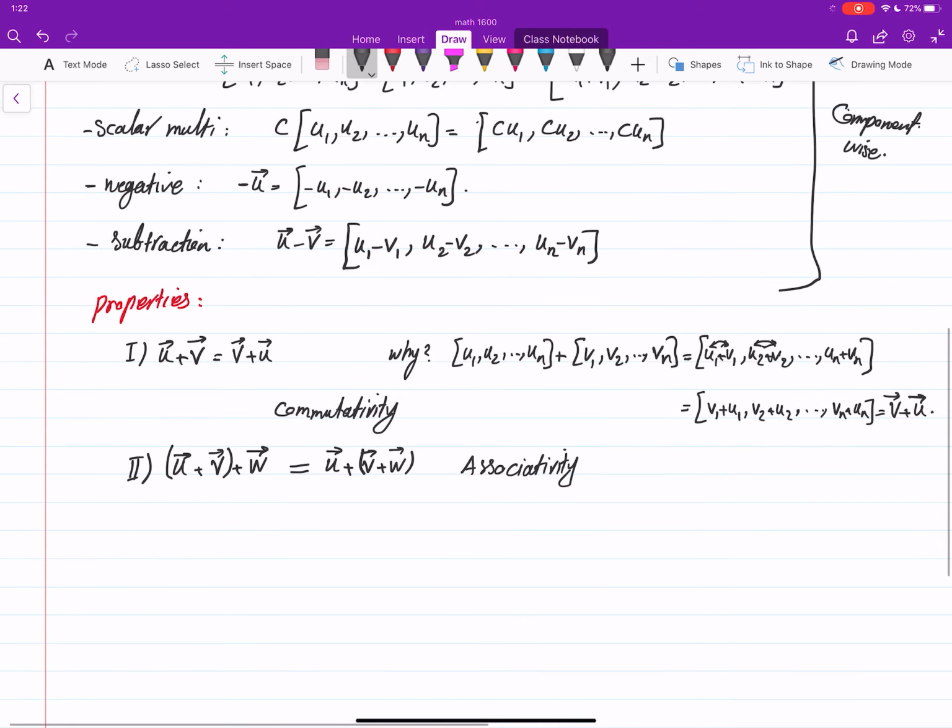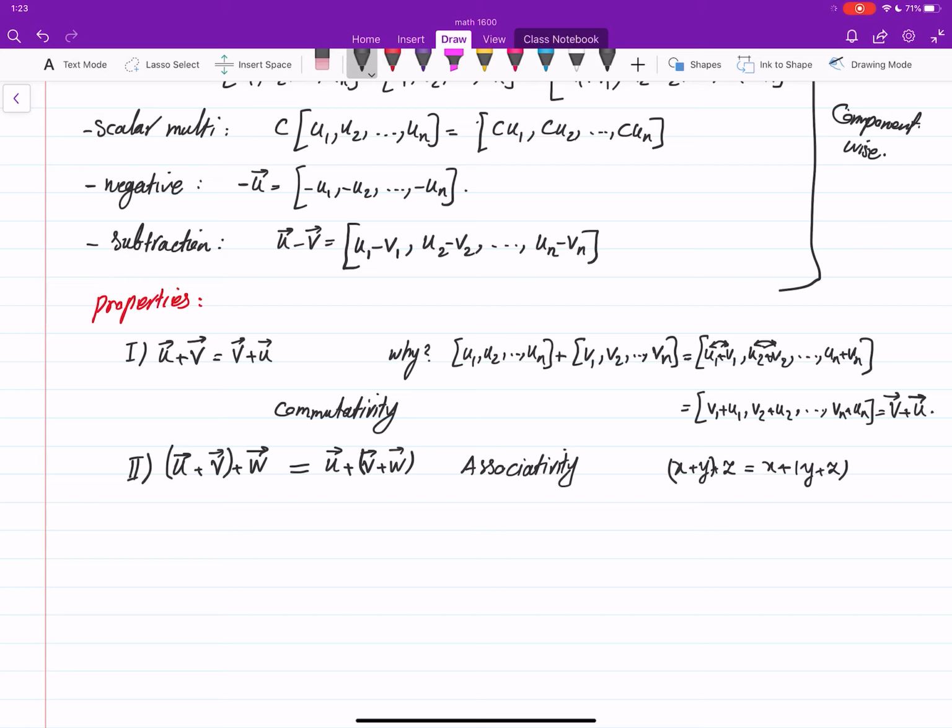And as you can see, this is true for numbers. If you have three numbers added, you can do two first, then add the third one, or you can add the last two and then add the first one. These properties can be proven like the one that I proved in the case of commutativity, exactly the same thing.